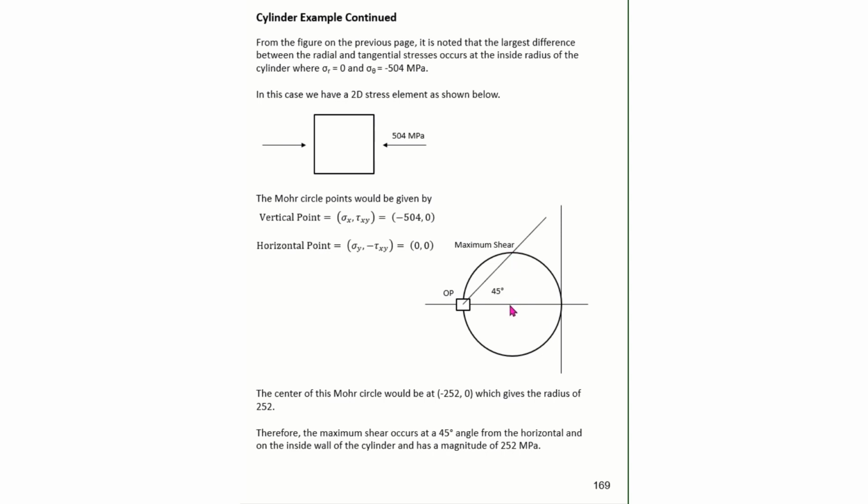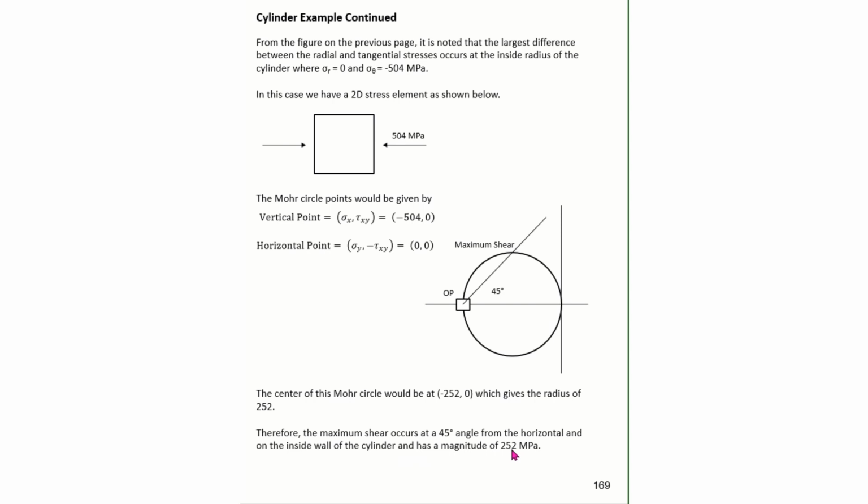And I know that the radius of my circle is simply half of this 504. So the center of this Mohr circle would be at minus 252 and 0, which gives the radius of 252. Therefore, the maximum shear stress occurs at a 45-degree angle from the horizontal and on the inside wall of the cylinder, and has a magnitude of 252 megapascals.